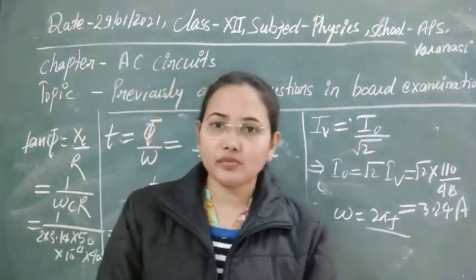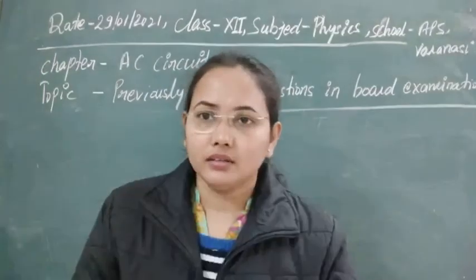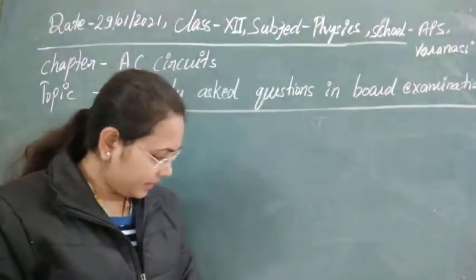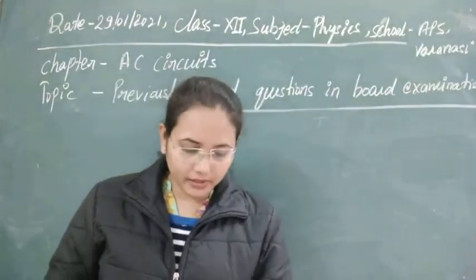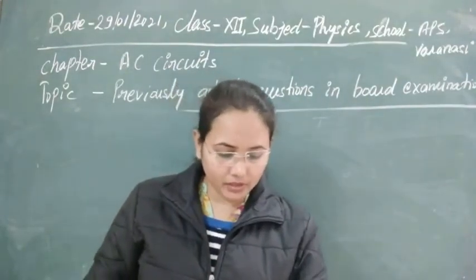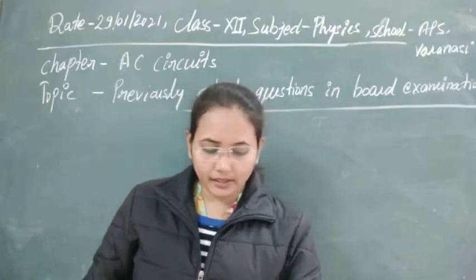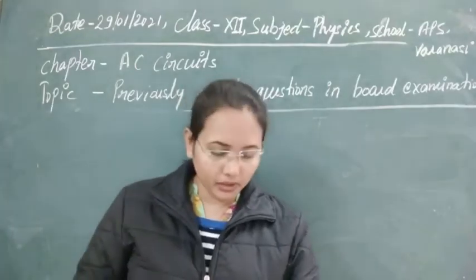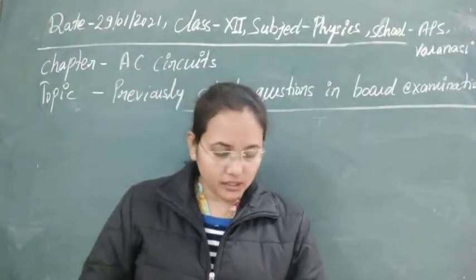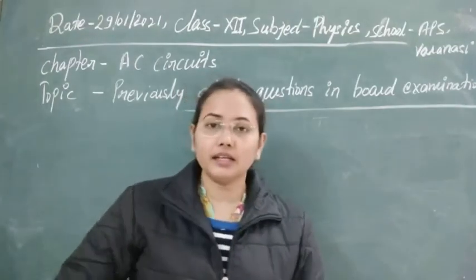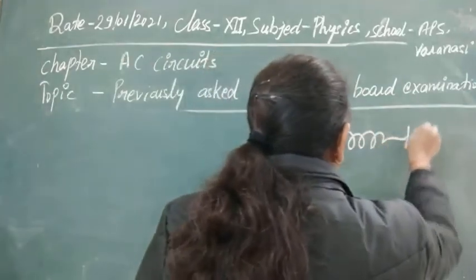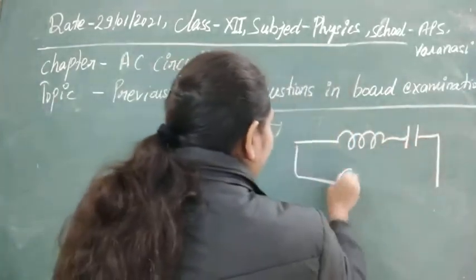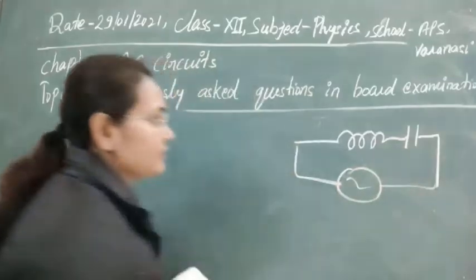Now let's see the next question that is asked. We have a circuit containing an 80 millihenry inductor and a 60 microfarad capacitor in series, connected to a 230 volt 50 hertz supply. So this is an inductive capacitive circuit, meaning inductor and capacitor connected by some AC signal in series here.